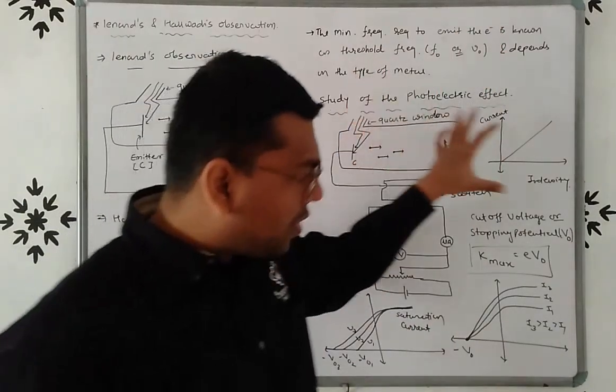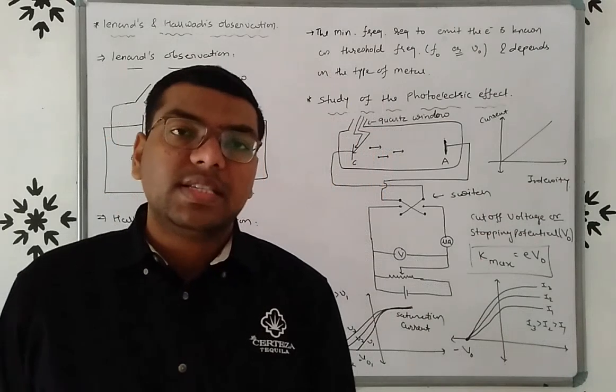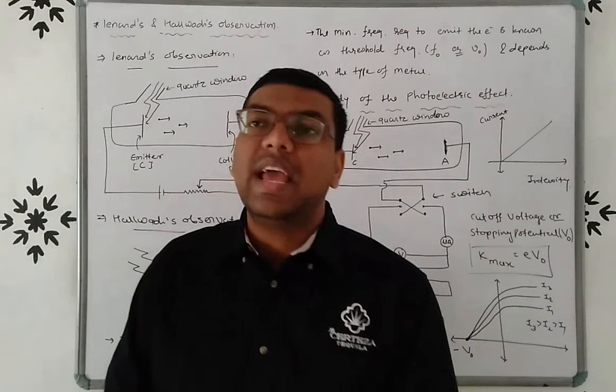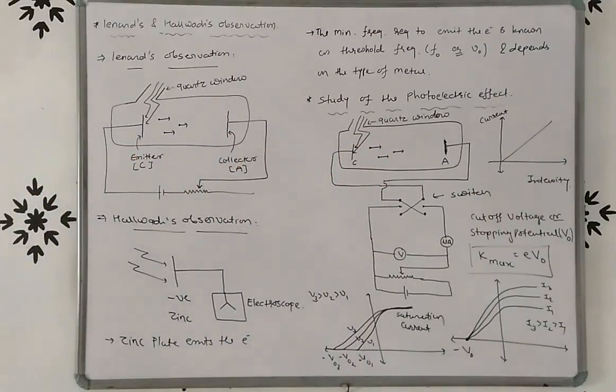So from this study we can say that if the frequency is greater than the threshold frequency, then emission of electrons is possible.